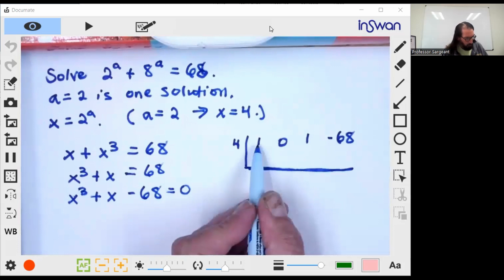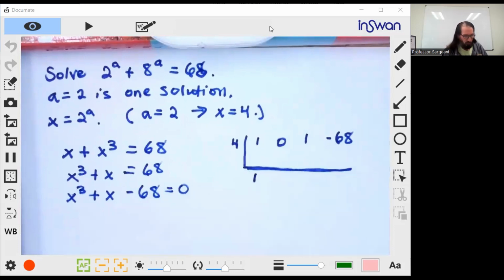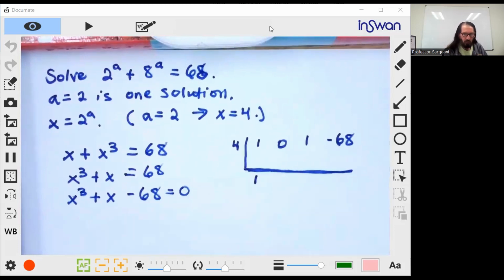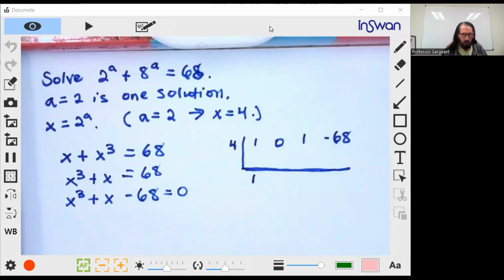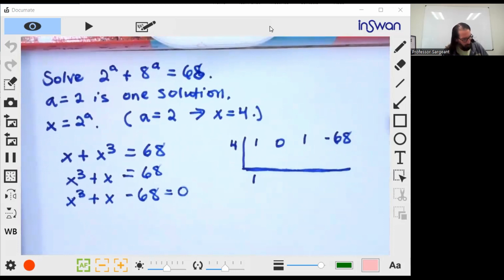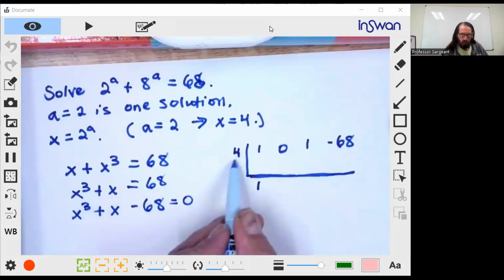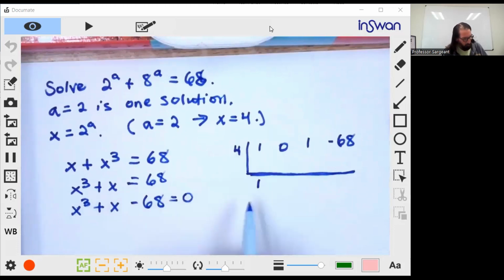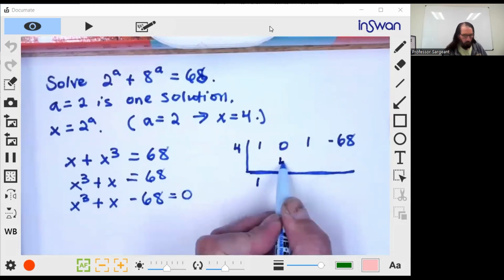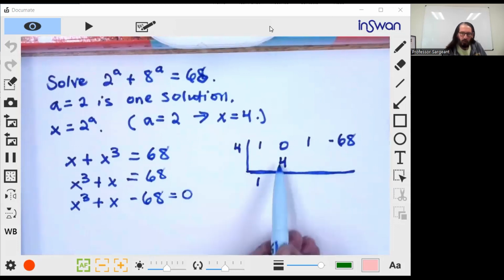I bring down the 1, and then I go through a succession of multiplication and addition, multiplication and addition, multiplication and addition, or as I call it for short, MAMA. Take what's in the bottom row times the solution that we have found. 1 times 4 is 4. Go up here diagonally to write it underneath in the next column. Add.